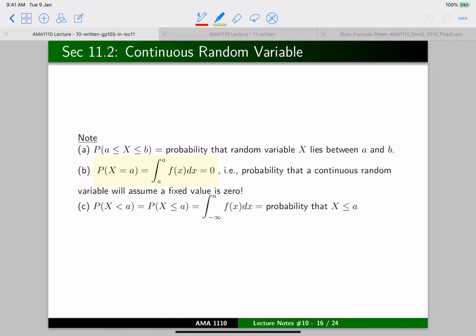Note that the probability that a continuous random variable equals a certain number is in fact equal to 0, since the area under the curve from a to a is equal to 0. And finally, the probability that X is less than a is just the area under the curve from minus infinity to a.